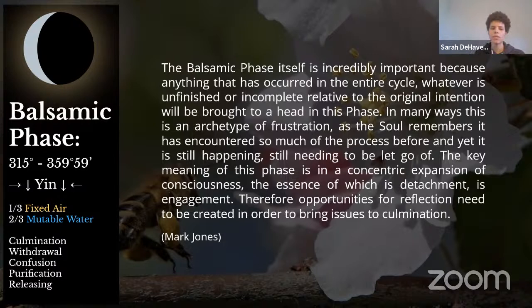In many ways, this is an archetype of frustration, as the soul remembers it has encountered so much of the process before, and yet it is still happening, still needing to be let go of. The key meaning of this phase is in a concentric expansion of consciousness, the essence of which is detachment, is engagement. Therefore, opportunities for reflection need to be created in order to bring issues to culmination.